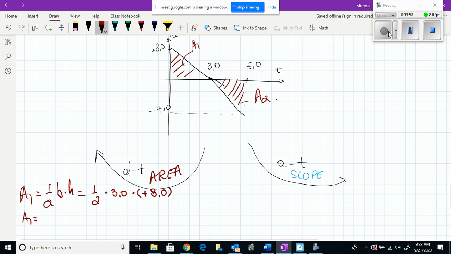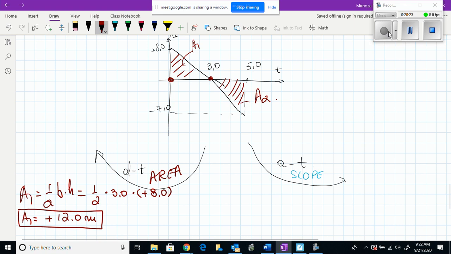So area 1 will be positive 12 meters. So for the first part of the motion, from 0 to 3 seconds, the object is moving in the positive direction 12 meters.